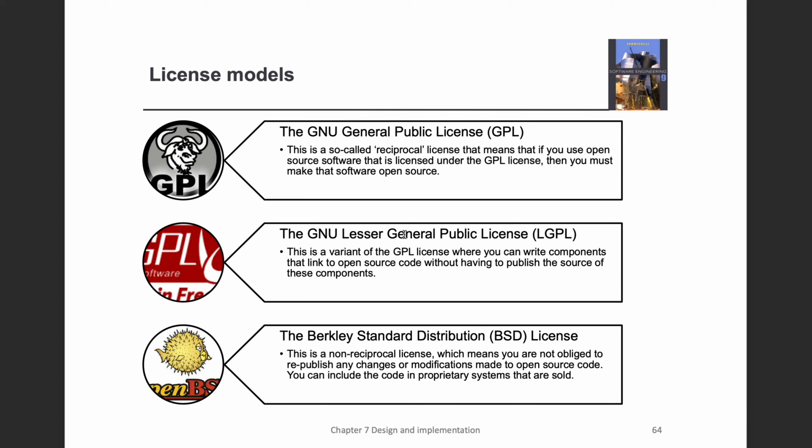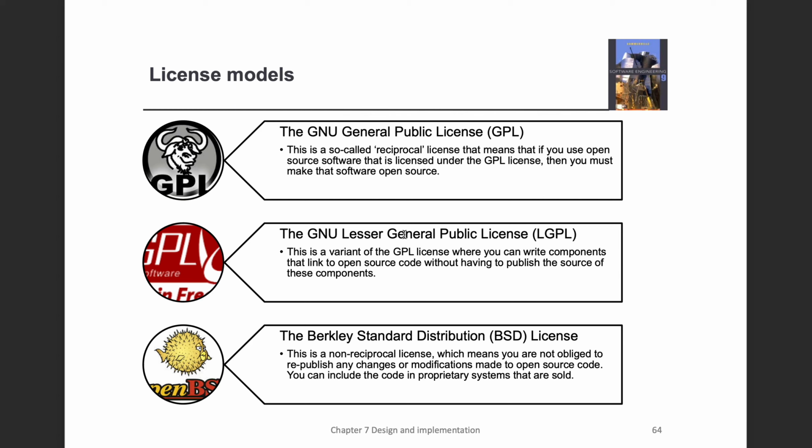And then we have the Berkeley Standard Distribution License. This is a non-reciprocal license, which means that you are not obliged to republish any changes or modifications made to the source code. You can include the source code in proprietary systems that are sold.